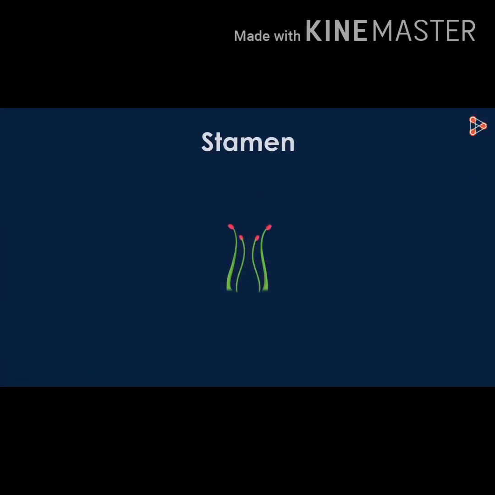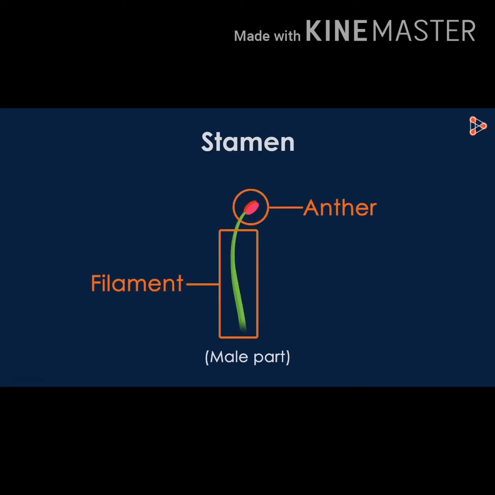The essential part consists of androecium and gynoecium. Androecium consists of stamens. Each stamen has two parts: anther and filament. Anther is a bilobed structure that can be seen at the tip of the filament.